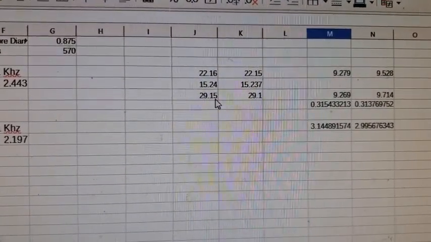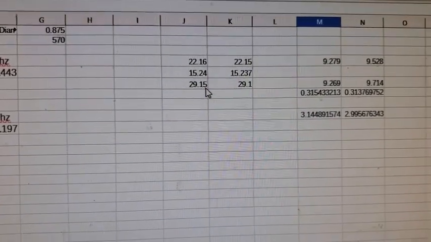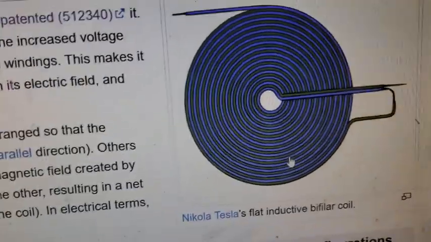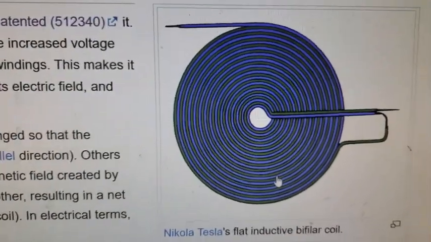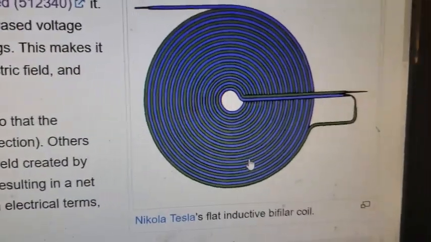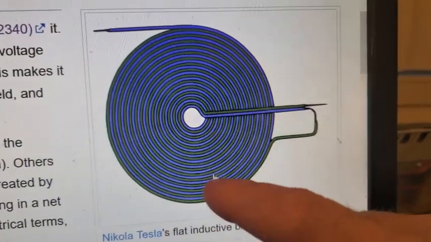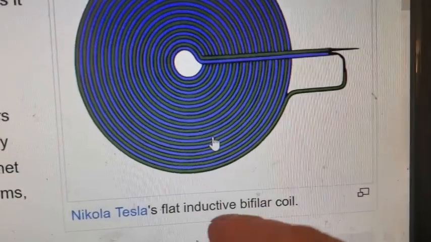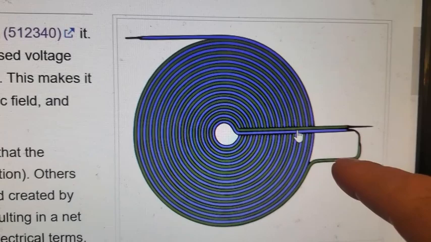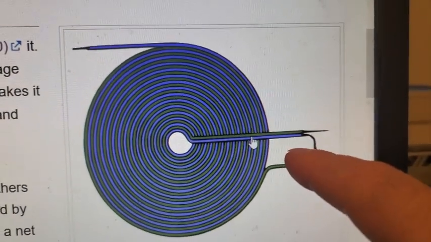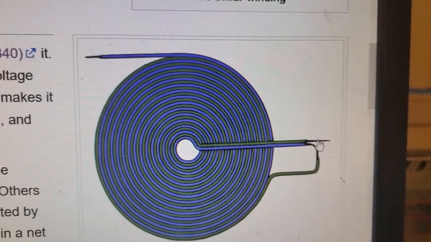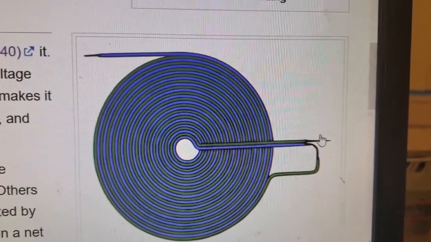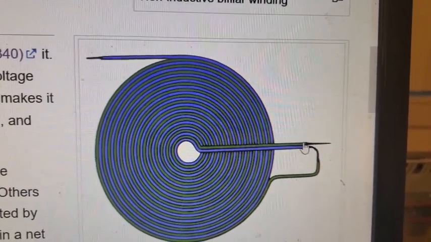But this is actually the counterwound. Again, I don't really know what I'm talking about, and even if I do, I might label it wrong or something. But if we go back to Tesla's counterwound pancake coil, I think there's kind of two ways that you can look at it. One way is your friendly little electron is starting here.